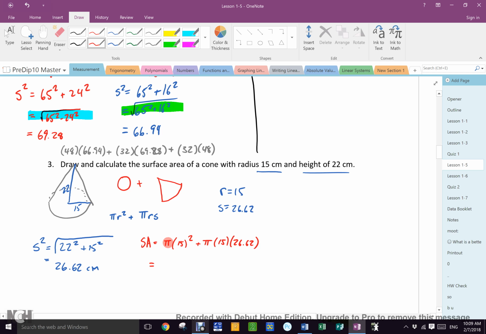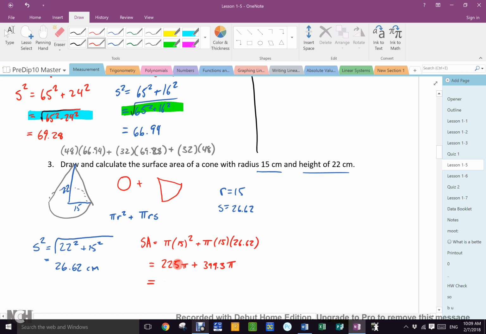So if we're leaving that as pi, not doing anything with it, but I can do 15 squared, can I? What's that? 225. So this is 225 pi, right? Plus, not doing anything with pi, but can I do 15 times 26.62? What is that? 399.3 pi.